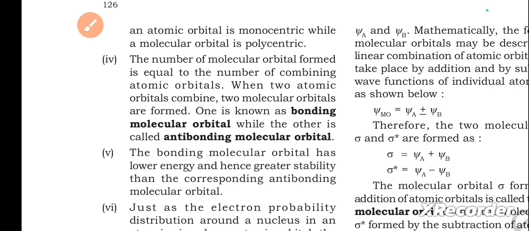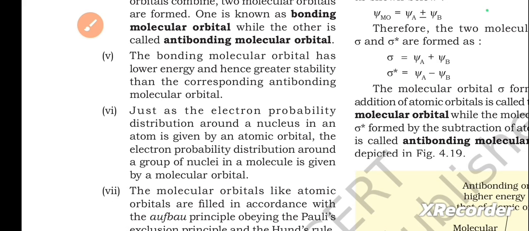When two atomic orbitals combine, two molecular orbitals are formed. One is known as bonding molecular orbital, while the other is called anti-bonding molecular orbital. The bonding molecular orbital has lower energy and hence greater stability than the corresponding anti-bonding molecular orbital.